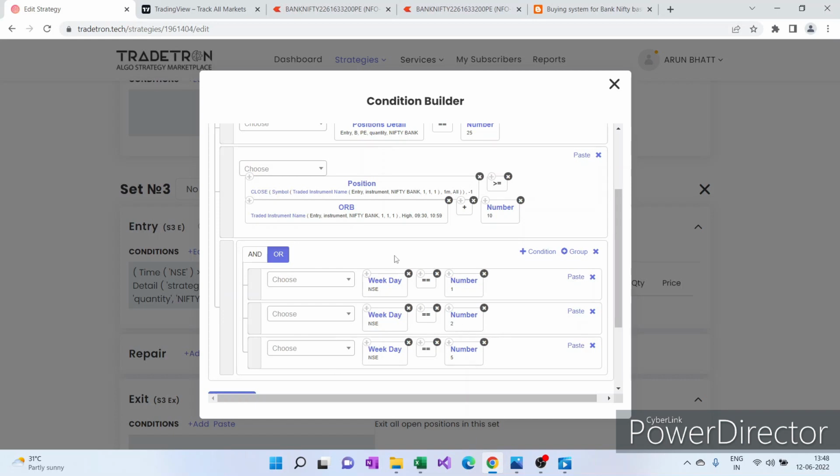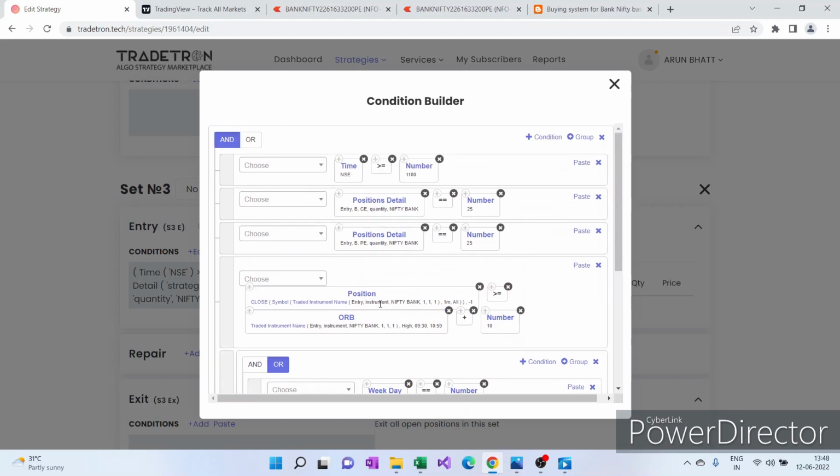So you can avoid that condition to run on Wednesday and Thursday, and then you don't have to put this condition in set 2. Means you can always put it, but if you add it in set 1, then you are good.